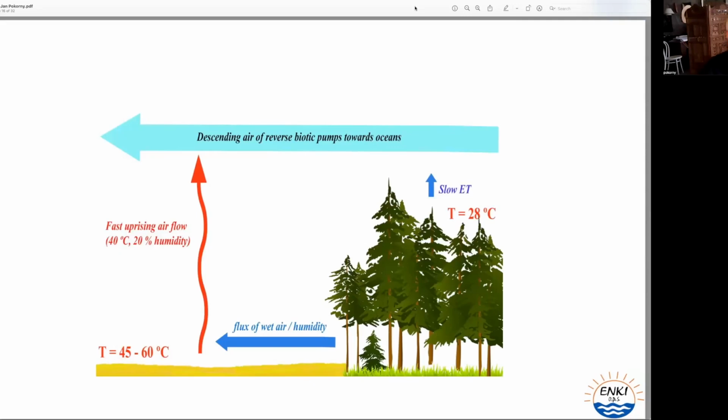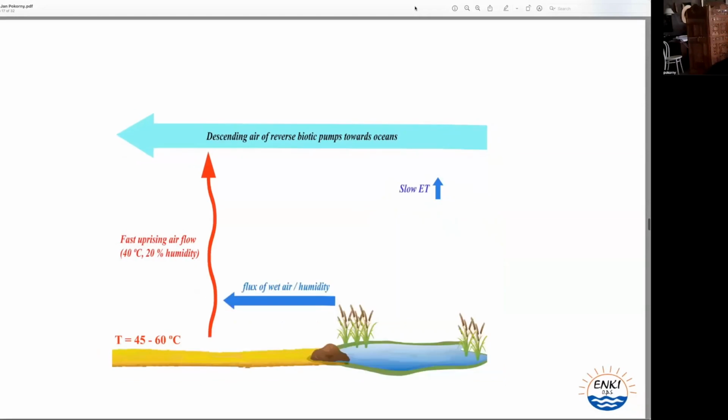Now, we have a dry place. It may be a parking place, or it could be just a harvested meadow, 45 to 60 degrees. And then we have a forest. The forest looks like it wastes water, it evaporates. And the dry place is innocent, it cannot evaporate water. Please, next picture. However, there is a fast movement of warm air from the overheated dry surface.